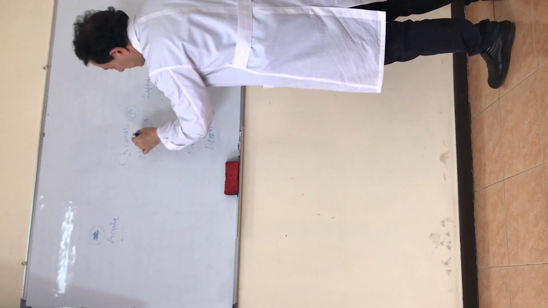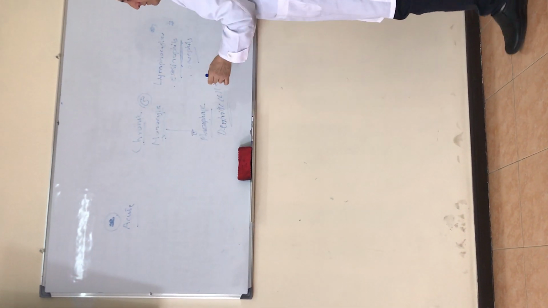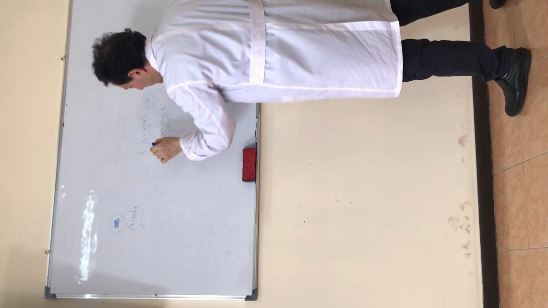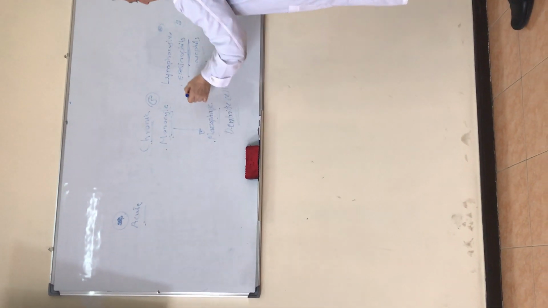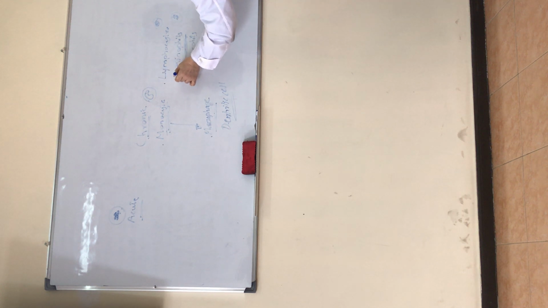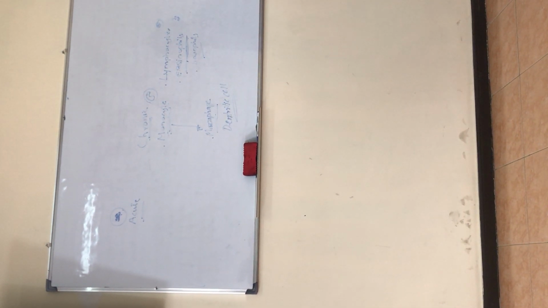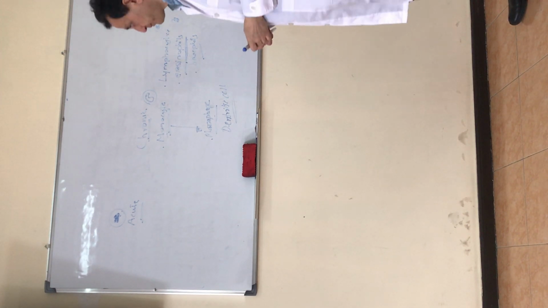So in chronic inflammation, types of cells are different. No neutrophils, but monocytes, macrophages, and also lymphocytes, eosinophils, and basophils. So types of cells are different in chronic inflammation. Not the same cells.